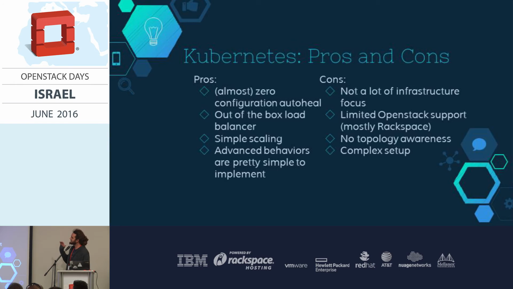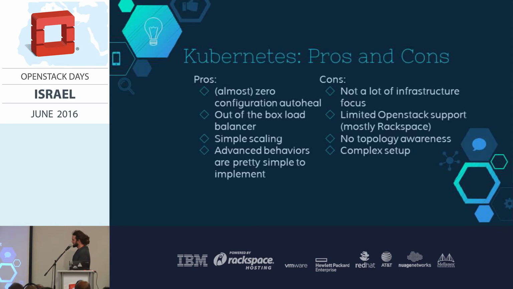Okay, but it's incredible because it auto-heals things and you don't even know how it's happening. It's just like that. It's got an out-of-the-box load balancer, like I said already. Its scaling is very easy to use, and the way you want to think about scaling is the way scaling is implemented in Kubernetes.